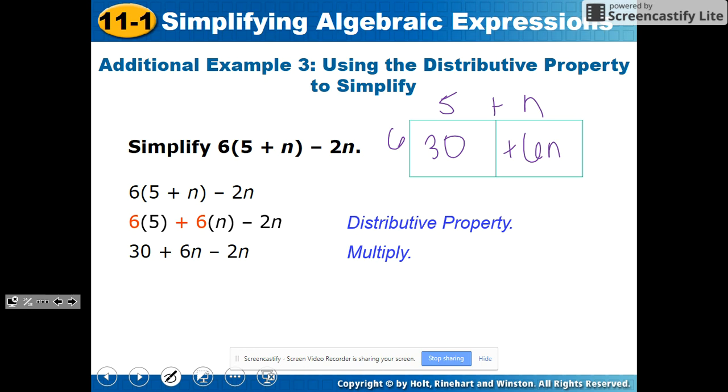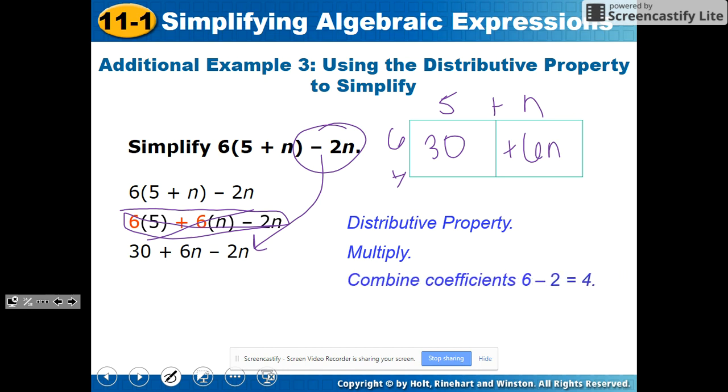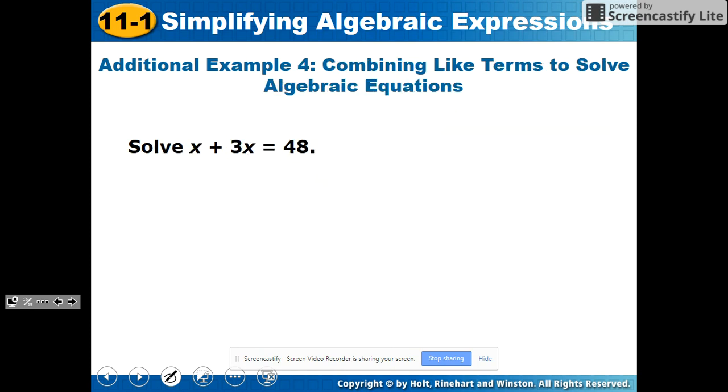So multiplying here, we're going to write the 30 plus 6n, and we can't forget that negative 2n. We got to write it in there. You don't need to worry about this step if you use the square. I don't use that step. I use this. So 30 plus 6n, and then you minus your 2n. Now, you identify your terms, so you've got a 30, positive 6n, and a negative 2n. So combine these to give you 30 plus 4n, because 6 minus 2 is 4.